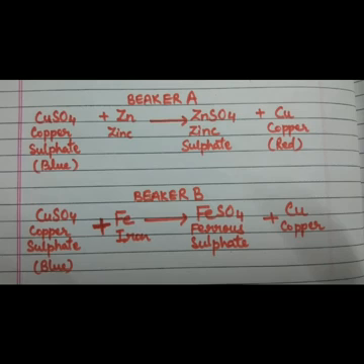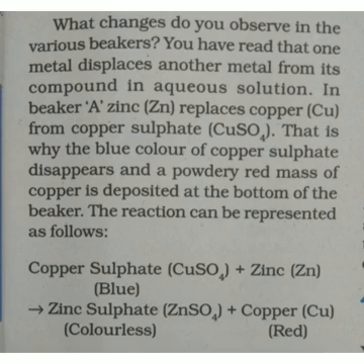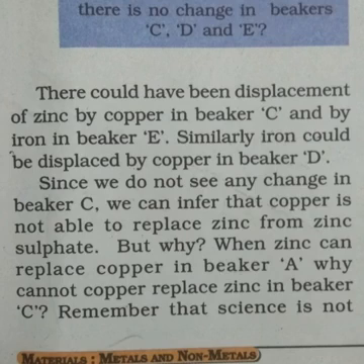So students, you have seen that in these reactions, one metal has displaced another metal from its compound in aqueous solution. These are examples of displacement reactions. But students, in beakers C, D and E, there is no change.